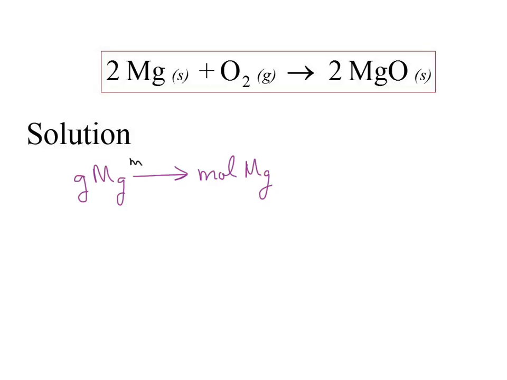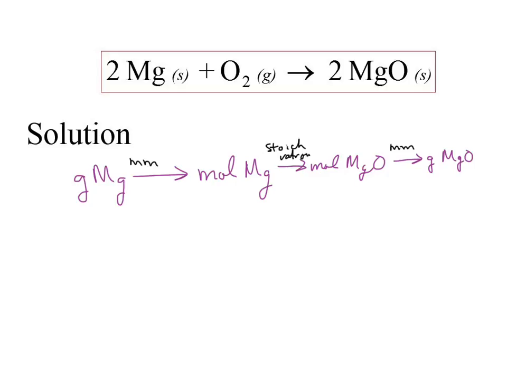Molar mass, yep. And then we're going to go from moles of magnesium to moles of MgO. And how do we do that? Stoich ratio, yep. Perfect. And then we're going to go from moles of MgO to grams of MgO. How can we do that? Molar mass again.